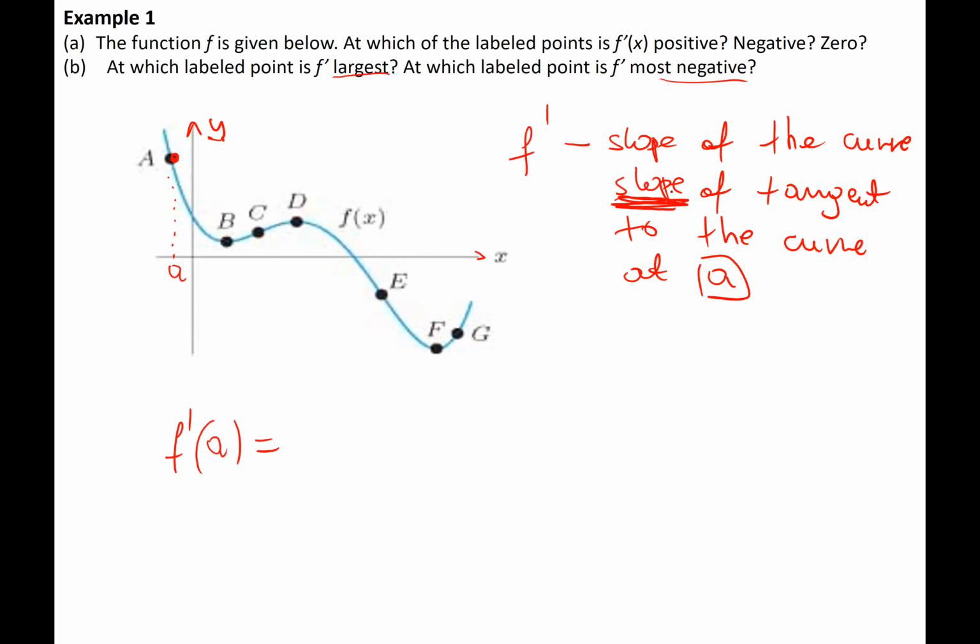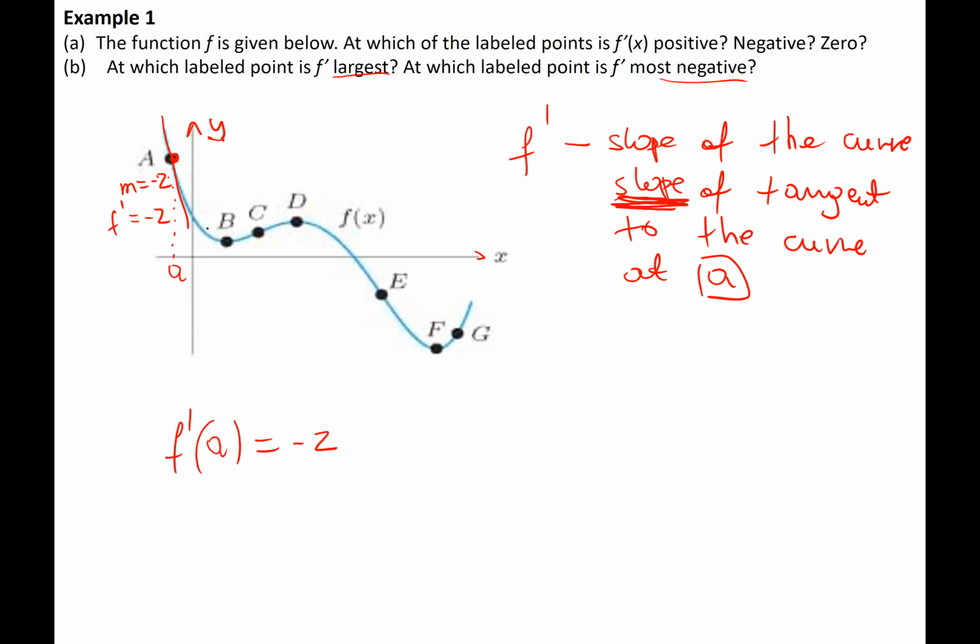And if the function is decreasing, then the slope is negative. Drawing a tangent line, we can approximate: the slope will be quite steep, I don't know, -2, which means the derivative is equal to -2.